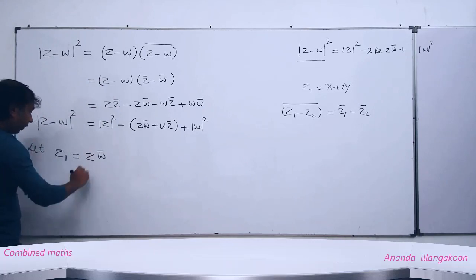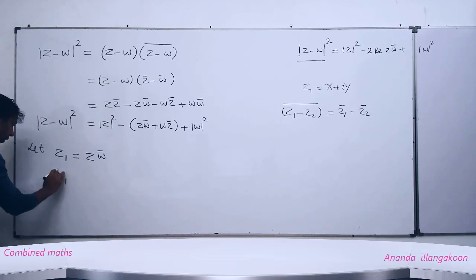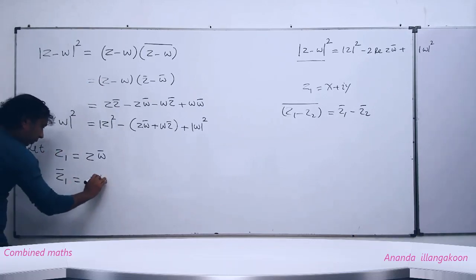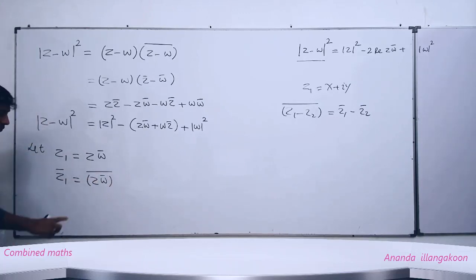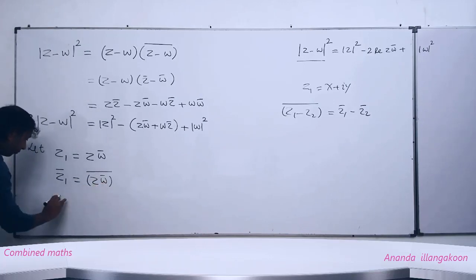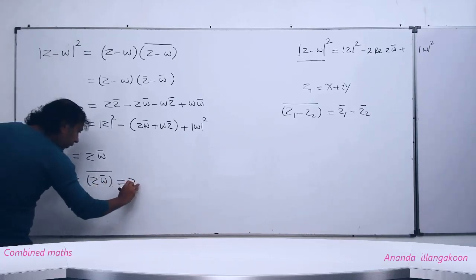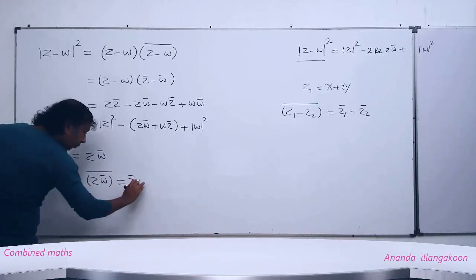Then if I take the conjugate of this z1, that is the conjugate on the right-hand side, and this conjugate we can apply to this z as well as this w bar. This is nothing but z bar, and the conjugate of w bar is w.